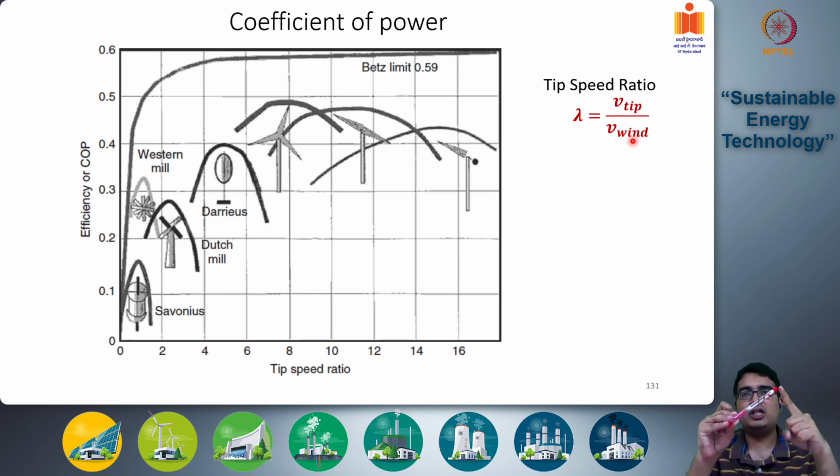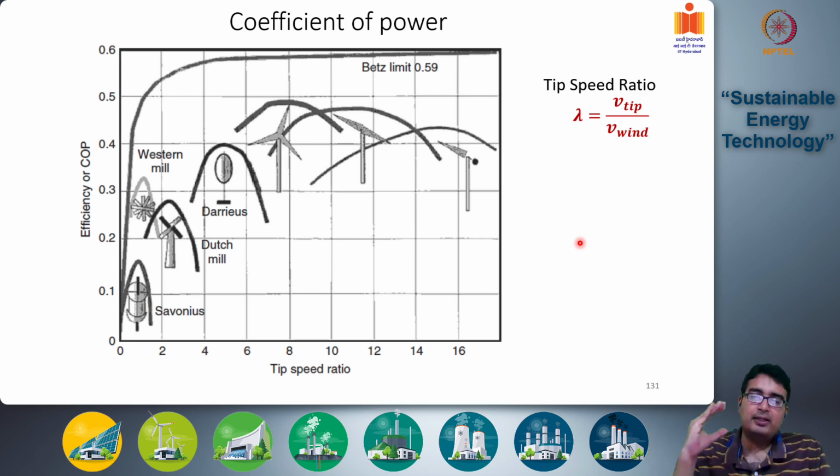So the tangential velocity of the blade at its tip, that is the tip velocity. That is basically the angular velocity omega of the blade into the radius of the blade, which is r. Okay, so that tip velocity by the wind velocity is called the tip speed ratio lambda. Okay, so lambda equals 10 means the tip velocity is 10 times the wind velocity. Okay, so that's the idea.